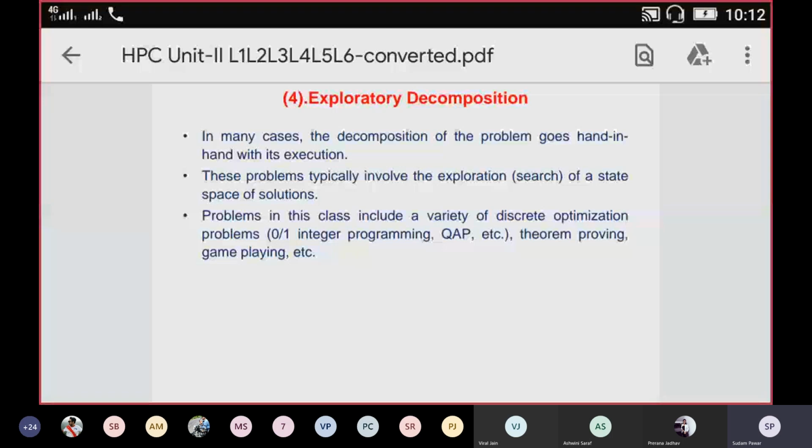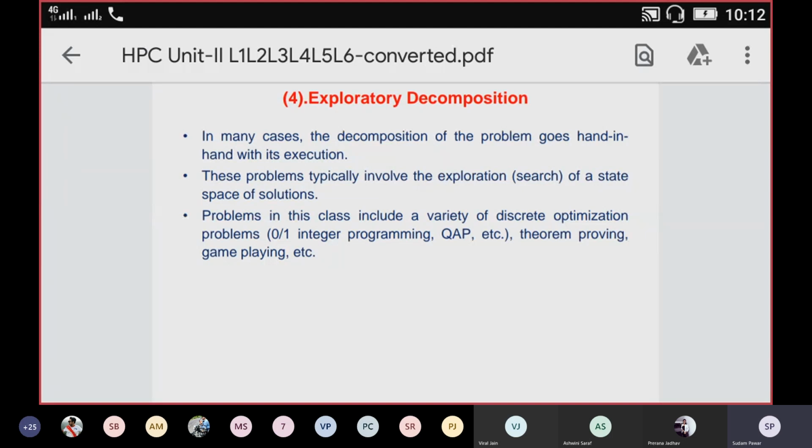In many cases, there is a large problem, and to find the solution for a given problem, there are many substates. You need to search for your solution by going through the different state space.